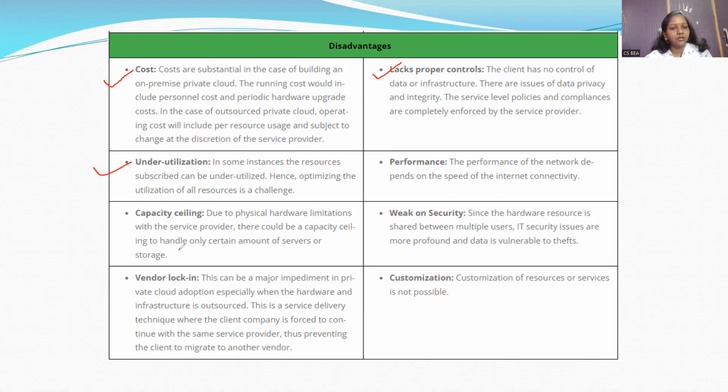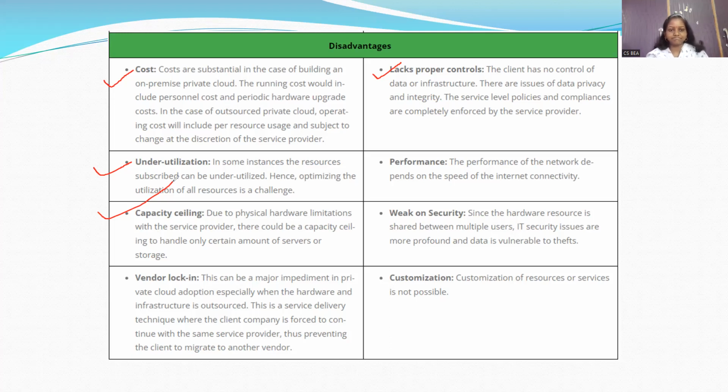Then in the same case, the capacity ceiling, that is due to physical hardware limitations with the service provider, hence there could be a capacity ceiling to handle only a certain amount of servers or storage.